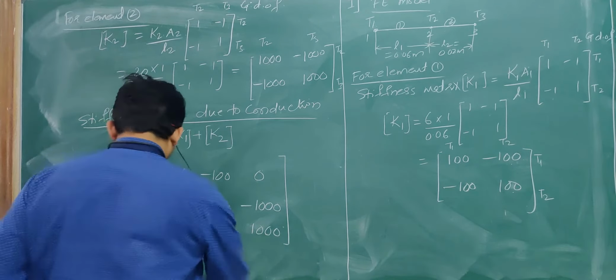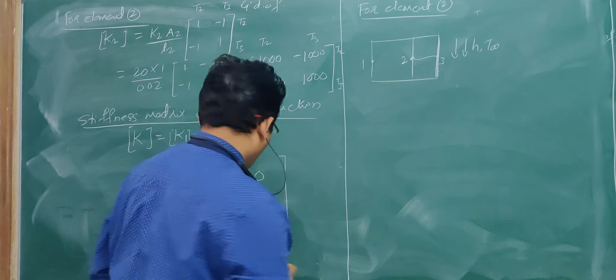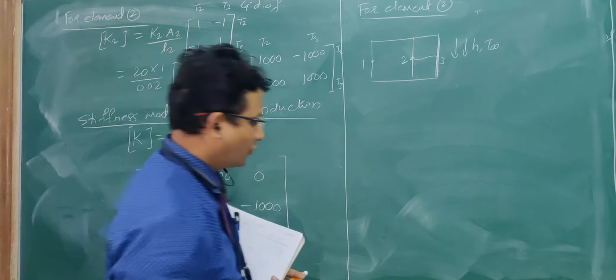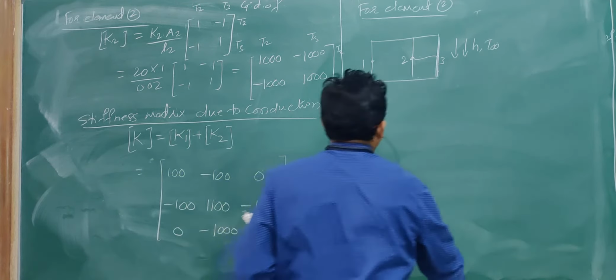If I take this as node number 2, this as node number 3, and this is my node 1, then between 2 and 3 I need to calculate the stiffness matrix due to convection. That is only present in element 2.